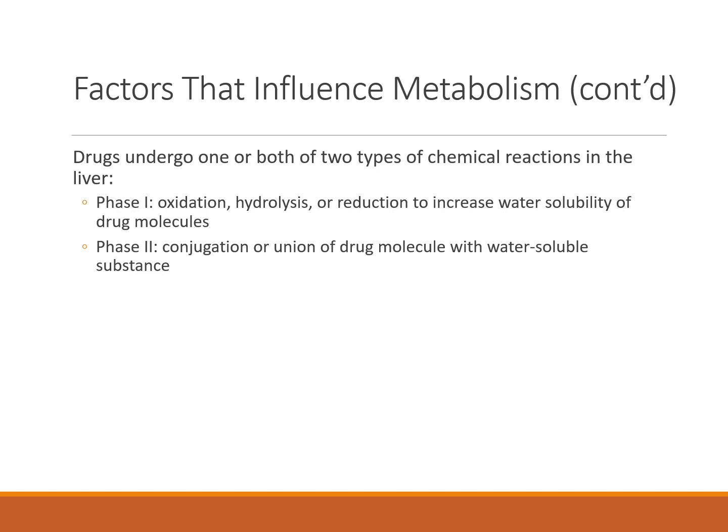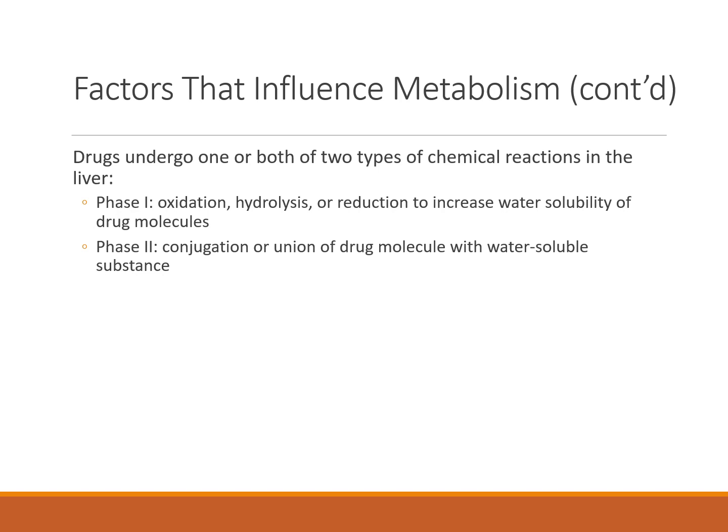Drugs undergo one or both of two types of chemical reactions in the liver. So basically, this is saying that you're going to get phase 1 or phase 1 and phase 2 of metabolism in the liver. Phase 1: oxidation, hydrolysis, or reduction to increase water solubility of drug molecules.